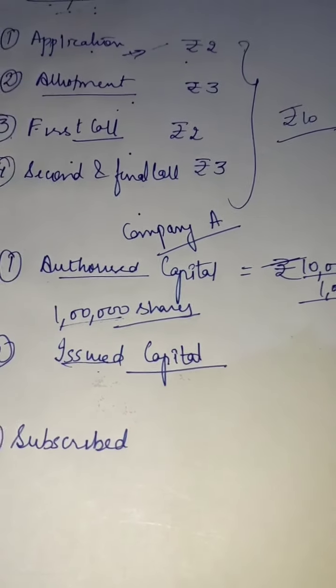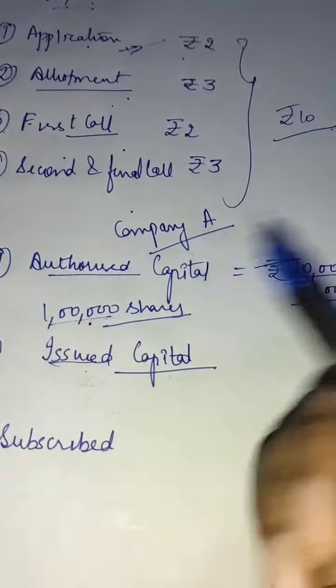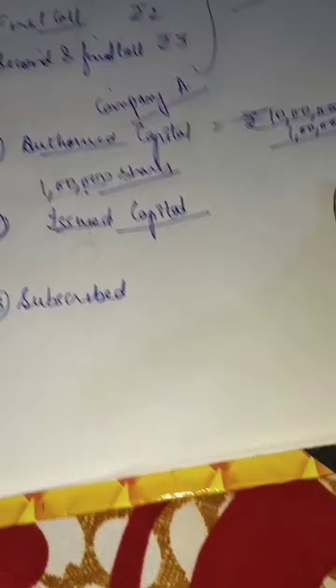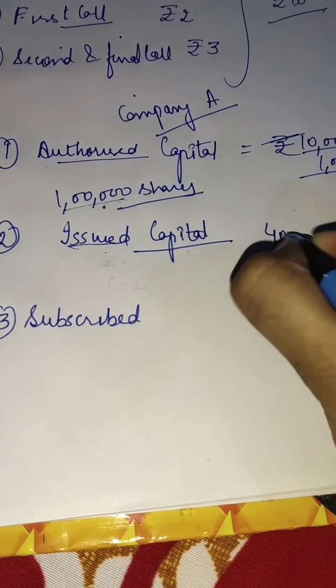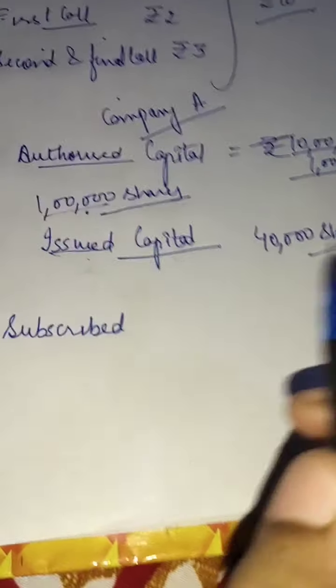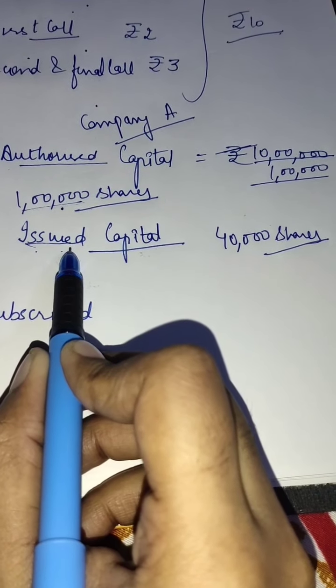Let's suppose 1 lakh is the authorized shares, and the company wants to issue 40,000 shares to the public. That means they are going to offer 40,000 shares to the public. That is considered as issued capital.